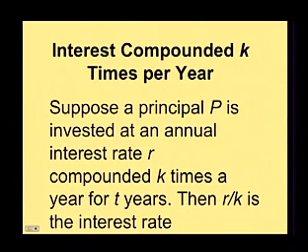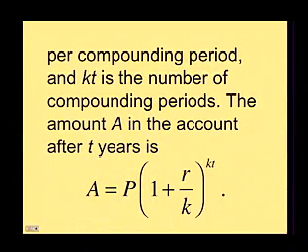Then R divided by K is the interest rate, which is compounded each period, and K times T is the number of compounding periods. Then the amount in the account after T years is given by A equals P, the principal amount, times the quantity 1 plus R divided by K, all of that raised to the KT.